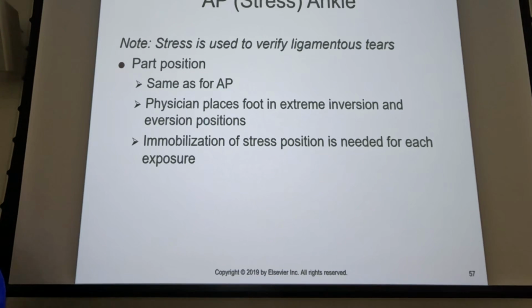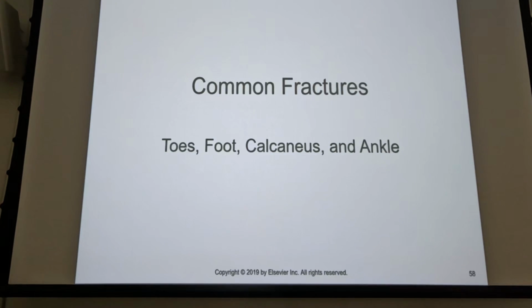Just tell the patient, do the best you can to your ability, pull in one direction, pull in the opposite direction, and we're going to take 2 images. Or if the doctor feels like somebody else needs to do that, the doctor's right. Have a doctor come down and do it. You just don't do it.